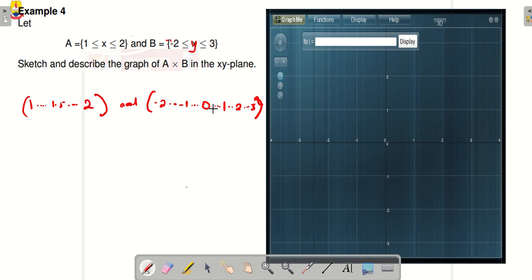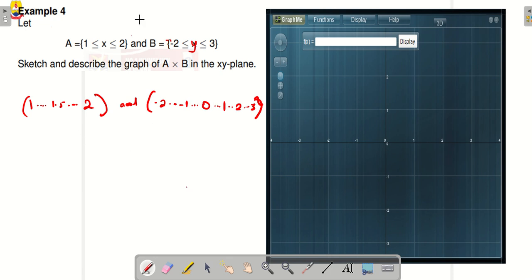I'm using the dotted lines to indicate that in between any value from 1 to 1.5, we have an infinite number of values. From 1.5 to 2, we also have an infinite number of values. From -2 to -1, and so on, we have an infinite number of values.